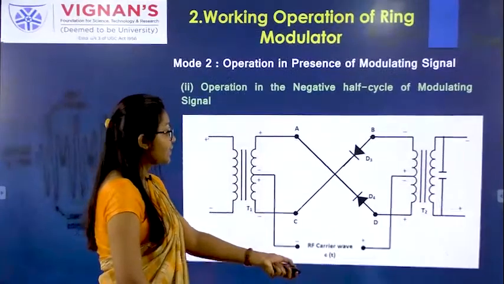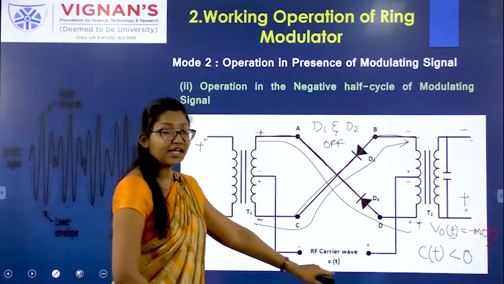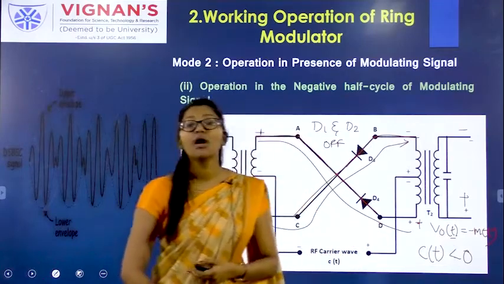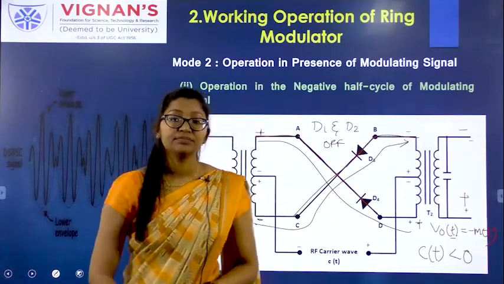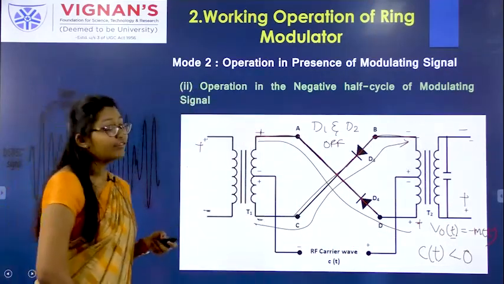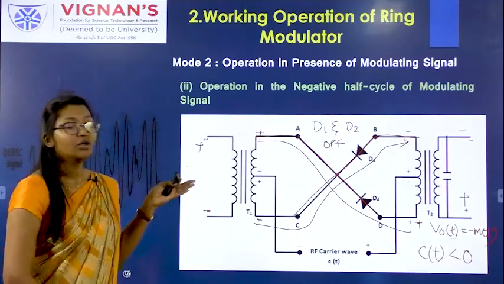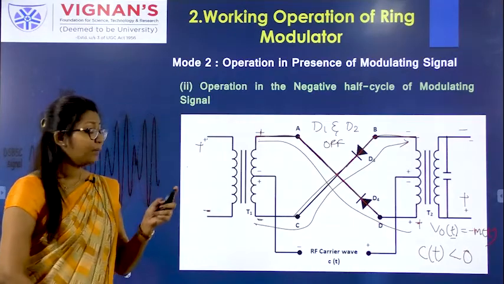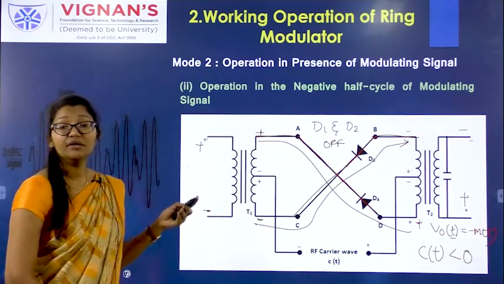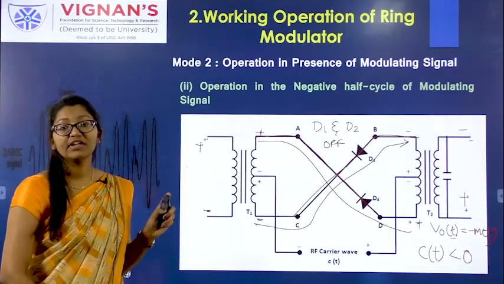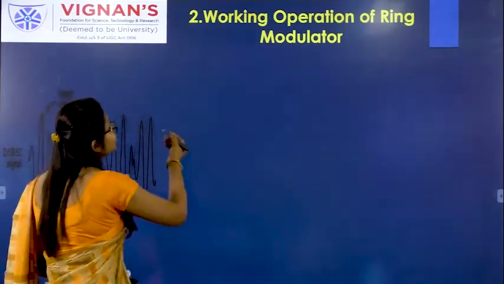And in the second case, when you are giving a negative half cycle, C of t less than 0, V naught of t equals minus m of t. Now we will do the mathematical calculations using these two cases. By using this operation we will find the time domain representation of DSB-SC. So let's do it first.